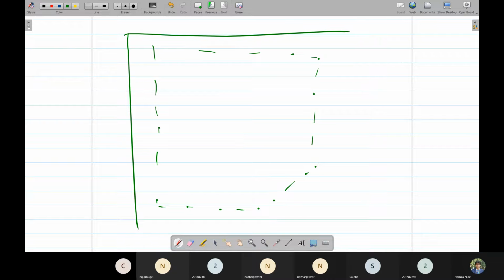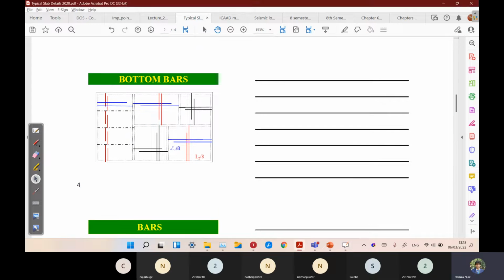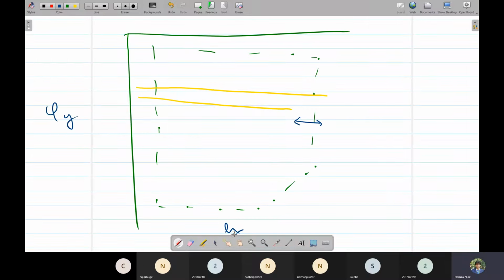So it would be like this from end to end. The second bar would be curtailed at some distance. This distance is simply L by 8. So this is Lx, so we'll use the distance as Lx by 8.